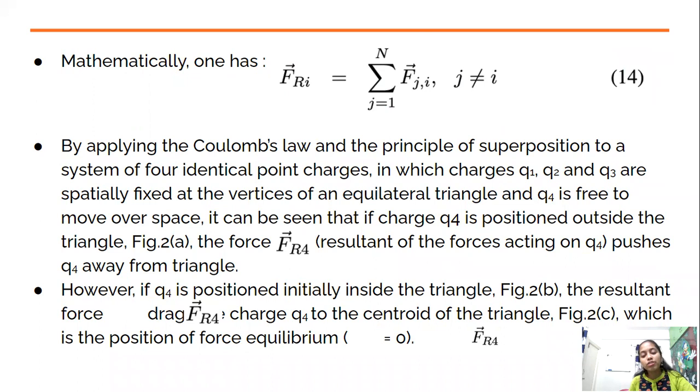By applying Coulomb's law and the principle of superposition to a system of four identical point charges in which the charges Q1, Q2, and Q3 are spatially fixed at the vertices of an equilateral triangle, and Q4 is free to move over space, it can be seen that if charge Q4 is positioned outside the triangle, figure 2a, the force F4, the resultant of the forces acting upon Q4, pushes Q4 away from the triangle.